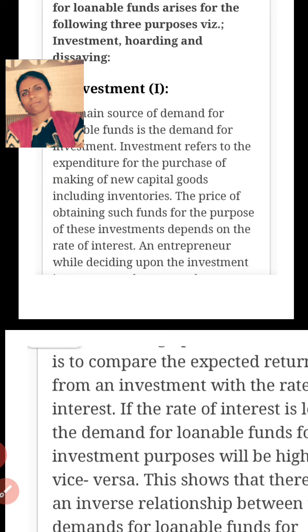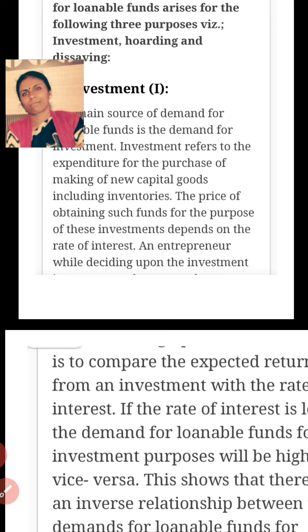The first one is for investment purposes. Funds are demanded for the purpose of investment. The big question arises: what does investment depend upon? Investment depends upon the rate of profit.